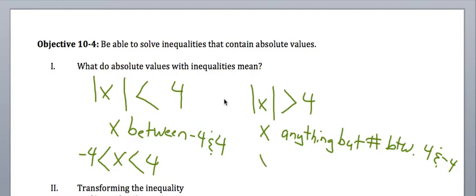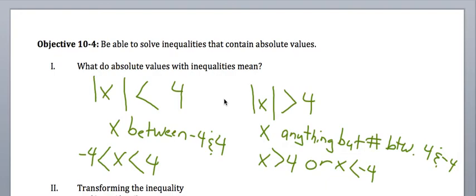So for here, the number could be greater than 4, like any number that's greater than 4 will work, or it could be any number that is less than negative 4. So it's either got to be lower, further left on the number line than negative 4, or bigger, further right on the number line than positive 4.